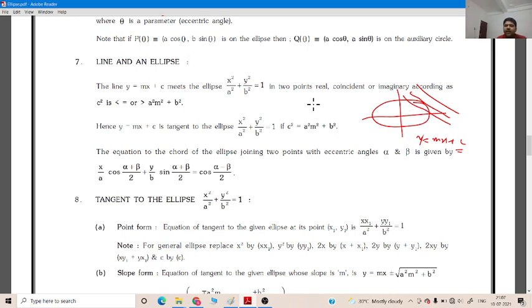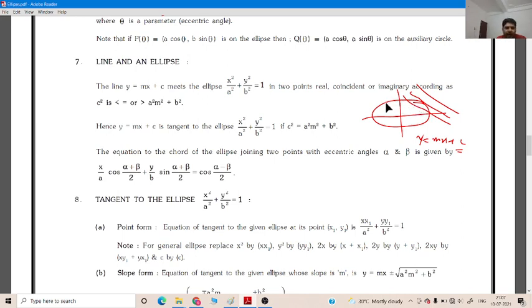Otherwise, if the discriminant is equal to 0, the given line touches the given ellipse. If the discriminant is less than 0, the given line neither touches nor intersects.